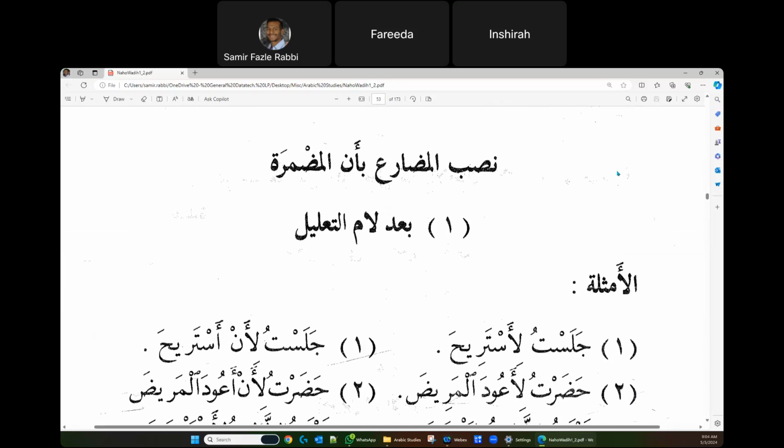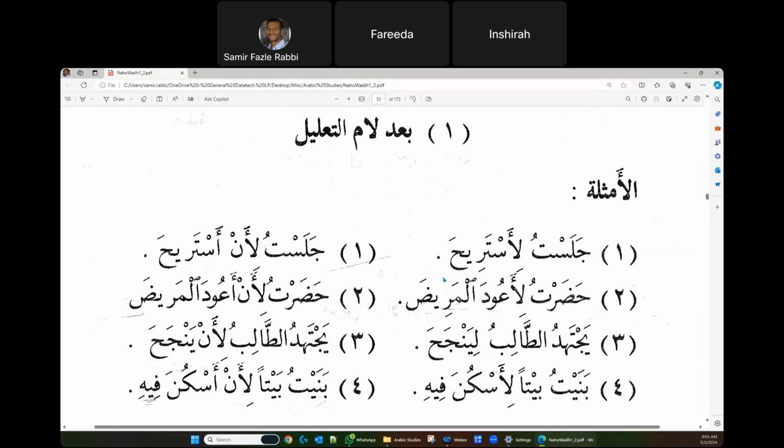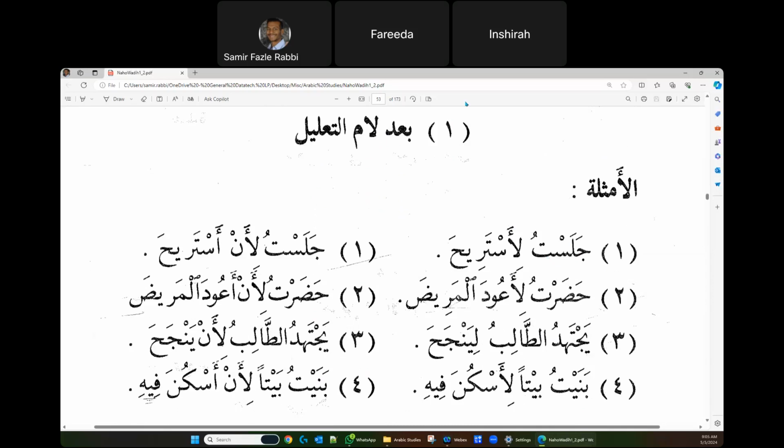This an, which is from the harf nasab, which causes nasab state, in this particular case for mudari', this an, the mudmira is unseen. And so we covered, I think, the first 2 or 3 of them. So let's just look at them real quick.